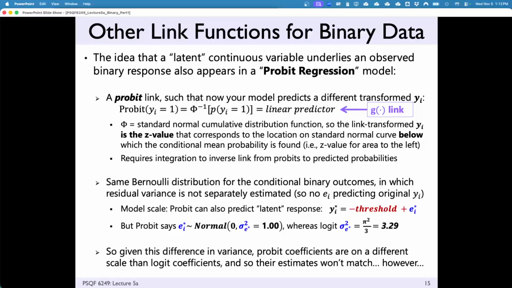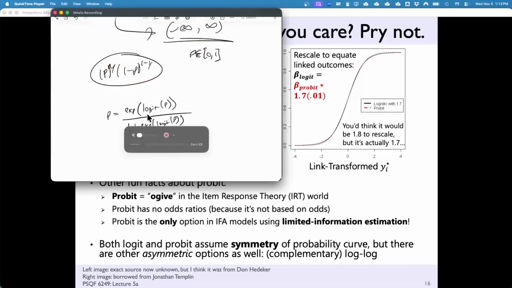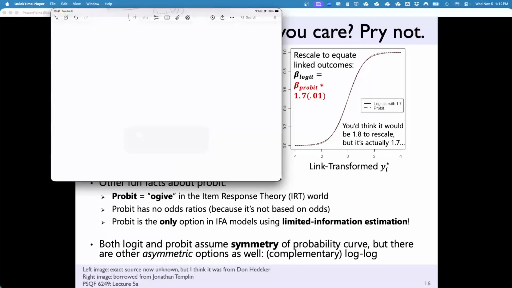So if you remember in basic stats, if you have a cumulative normal distribution right here, right? And this is the probability that some z is less than x right here. This is x, right? This right here, this probability would be your item response probability.